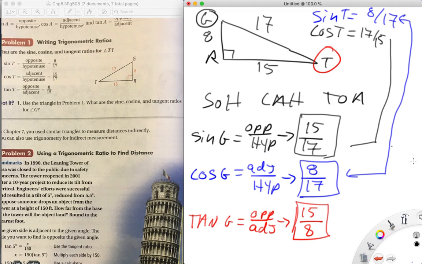Cosine of T is the same thing as sine of G. And then we have tangent of T, which is 8/15.